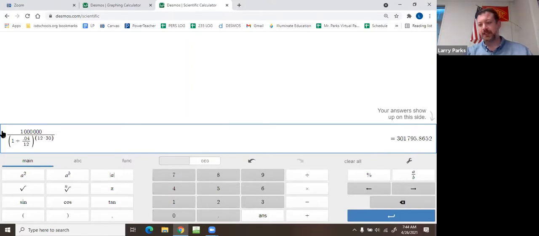Does it make sense that it would be 301,000-ish? That makes sense. You take $300,000 and put it in the bank for 30 years. It makes sense that it would get to almost $1 million, if not $1 million. So the answer makes sense to me. So I would say 300,000.